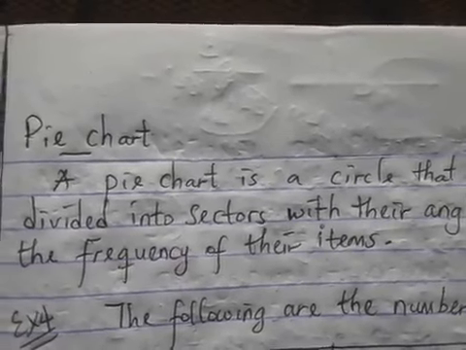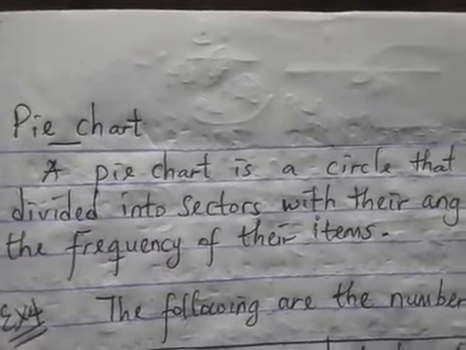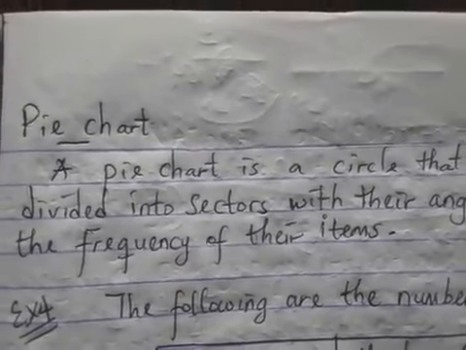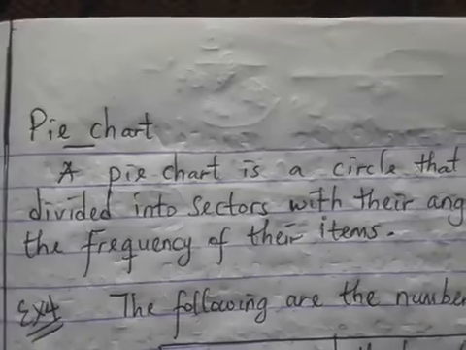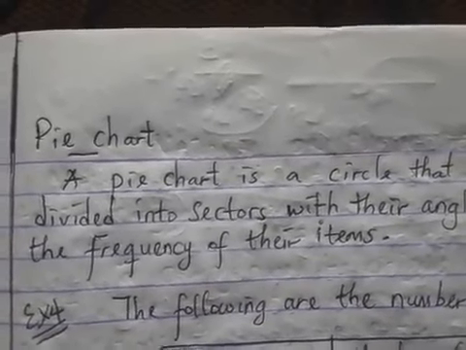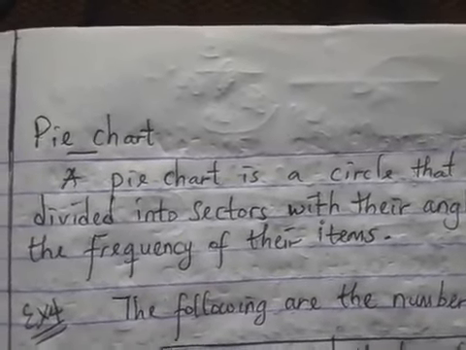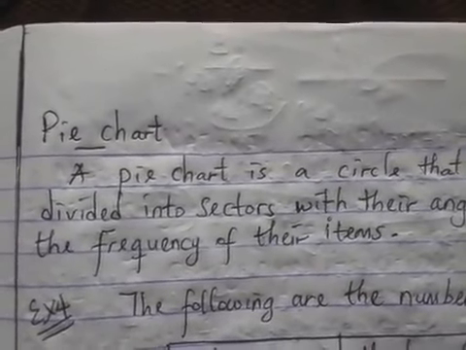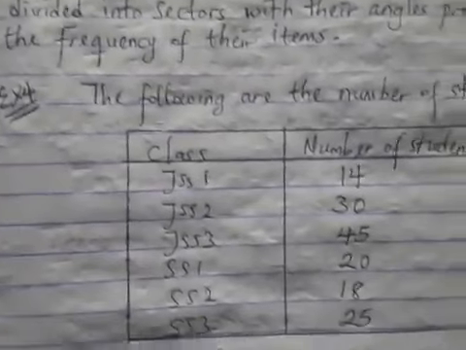That means each item has its own sector in the circle. It's just like when you are cutting a circle into sectors, each item has its own sector. So let us look at this question.